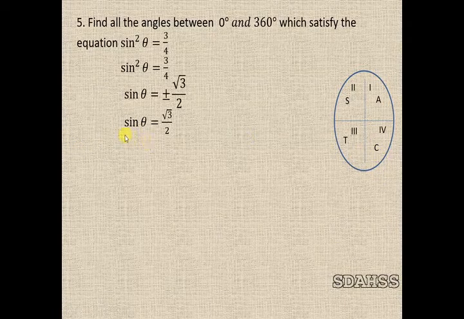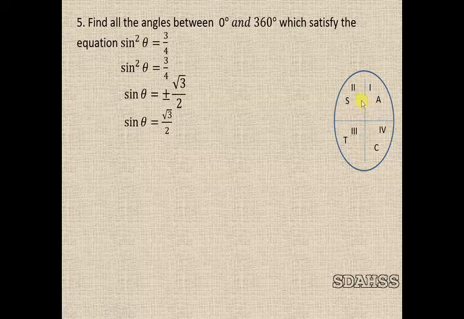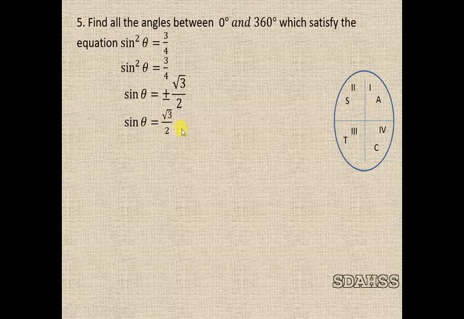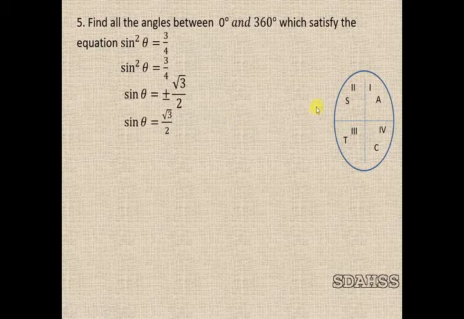Now sin theta is equal to root 3 by 2. There are two possibilities in the quadrant.